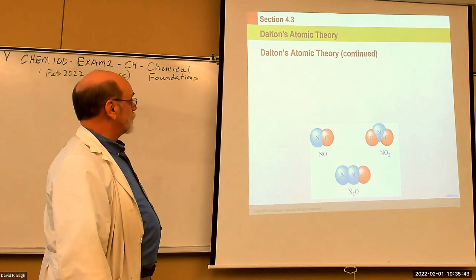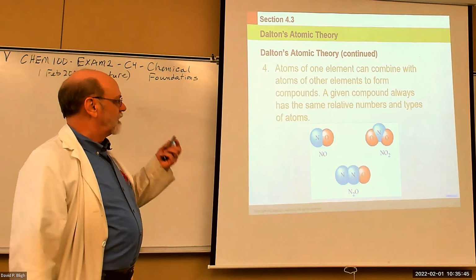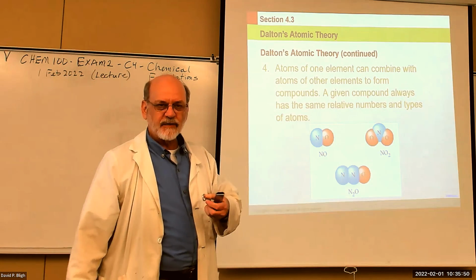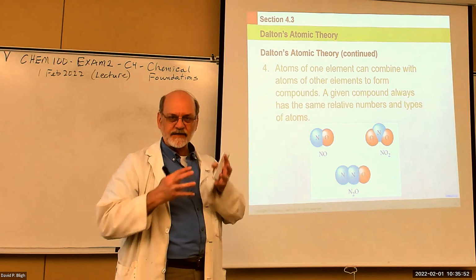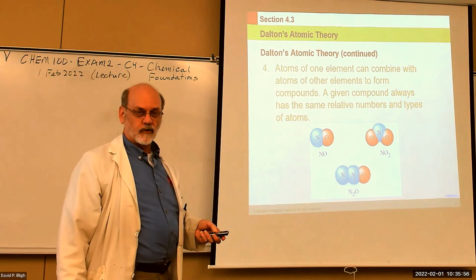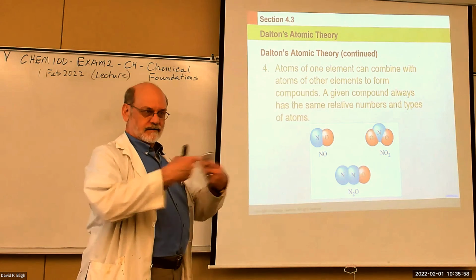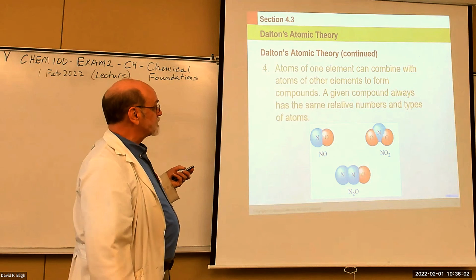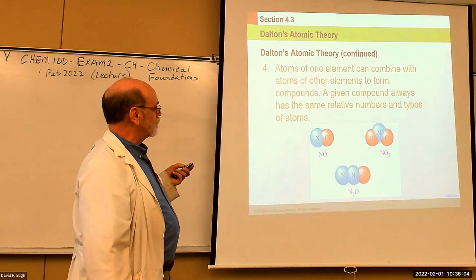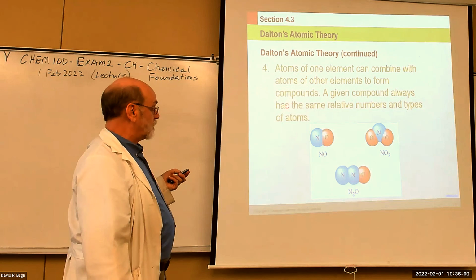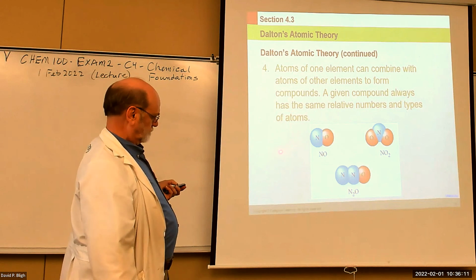Okay. So then he said, the way different substances are formed is by different combinations of these elements. Right? You put atoms together in the form of a compound, you get a different substance. So if we take one element and combine it with the atoms of another element, we produce different compounds.